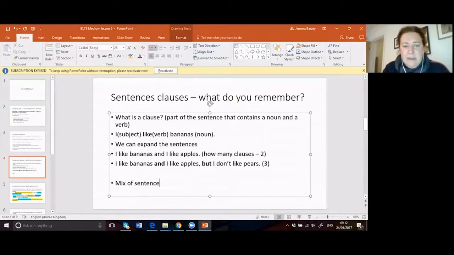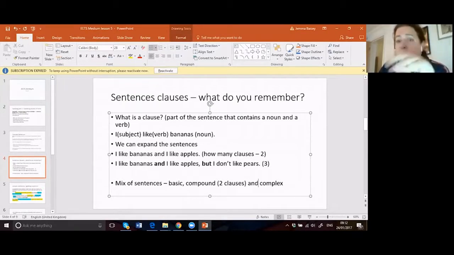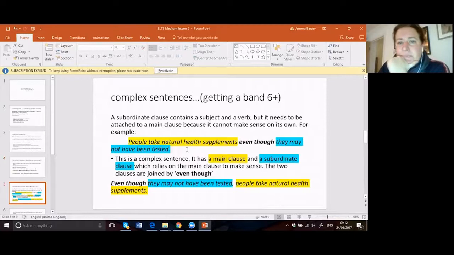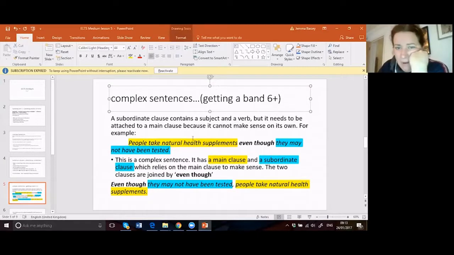A mix of sentences means basic, the compound, which is 2 clauses, maybe, and I can't spell clauses today, and complex, okay? So you need to be able to use all 3, as well as the range of grammar, okay? So, complex sentences getting a band 6 or above, okay.